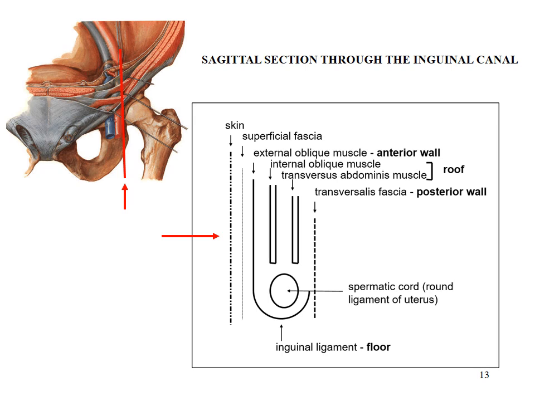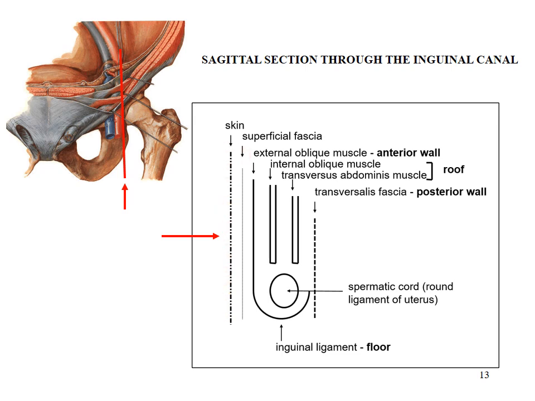This is a schema of the sagittal section through the inguinal canal. We have to remember once again the layers of the anterolateral abdominal wall.